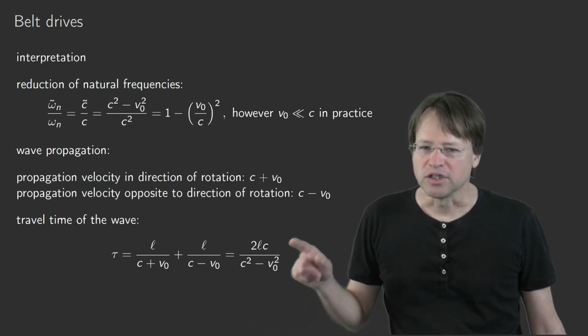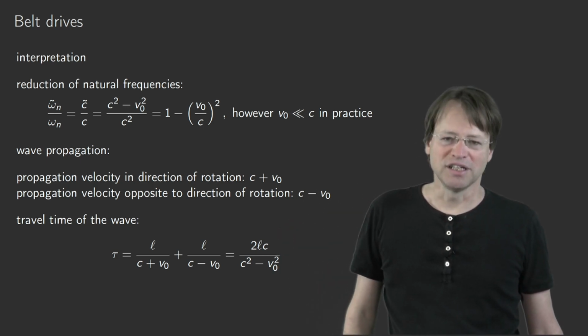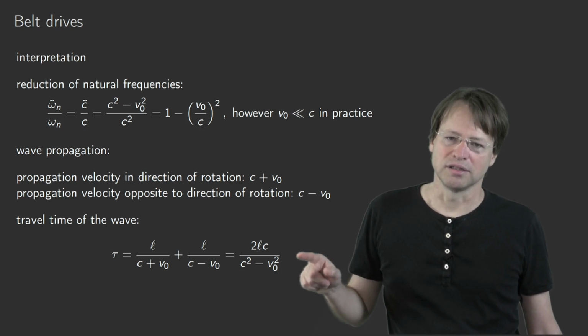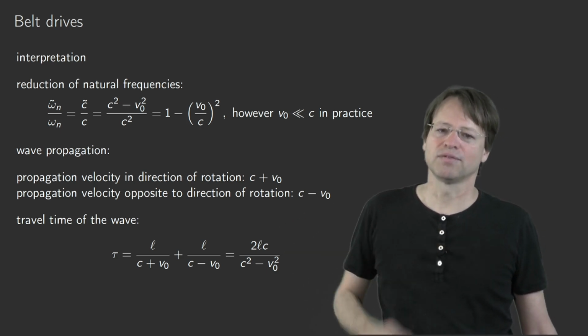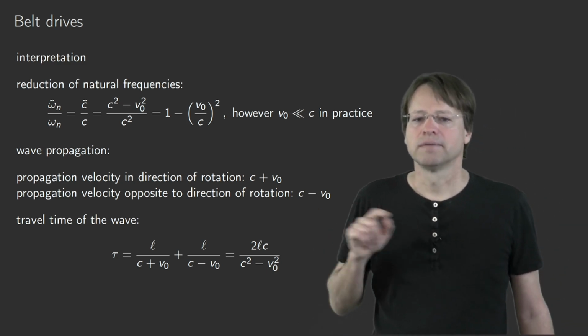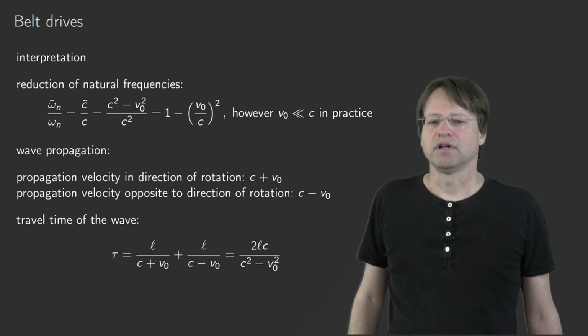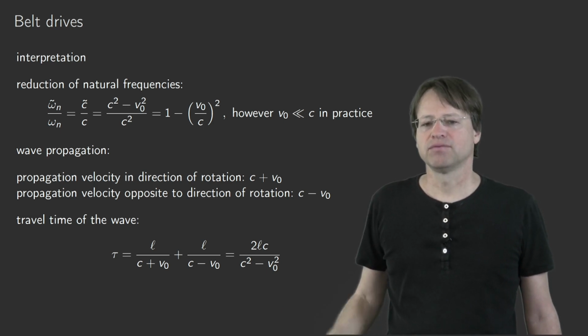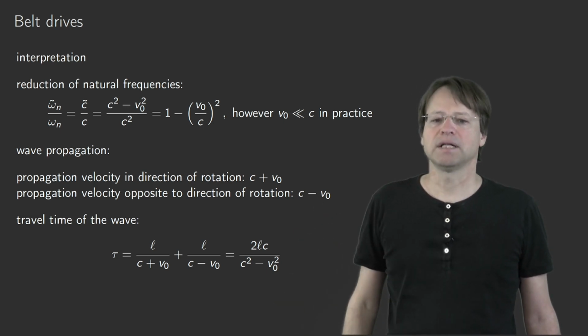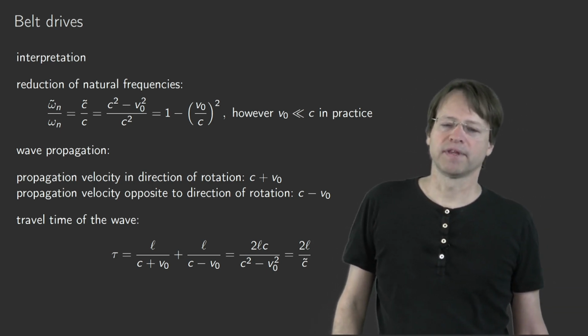And if you look at that expression, c squared minus v naught squared divided by c, in that sense, in the denominator, taking the c of the numerator into account, you find again the changed wave speed, the wave propagation velocity of the moving belt. So we get 2L divided by c tilde.